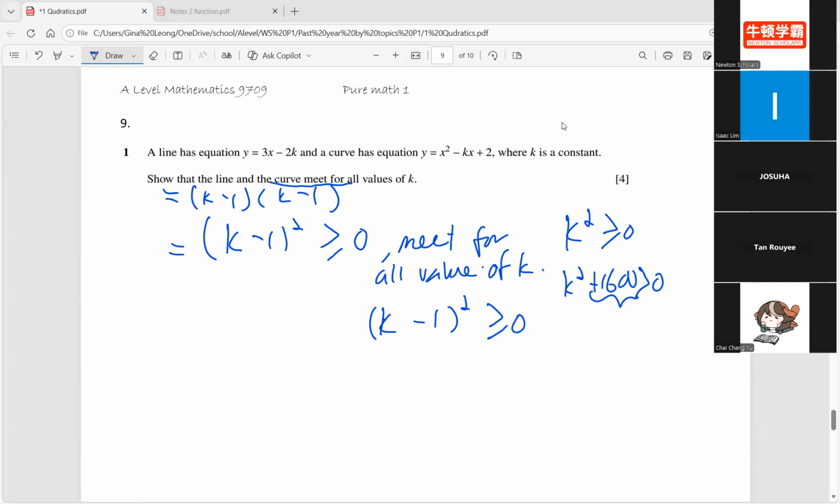You always need to come up with this thing because we need to show that we have a square. Then when we have the square, that means it's always more than 0. We need to show this thing. It's the key point.